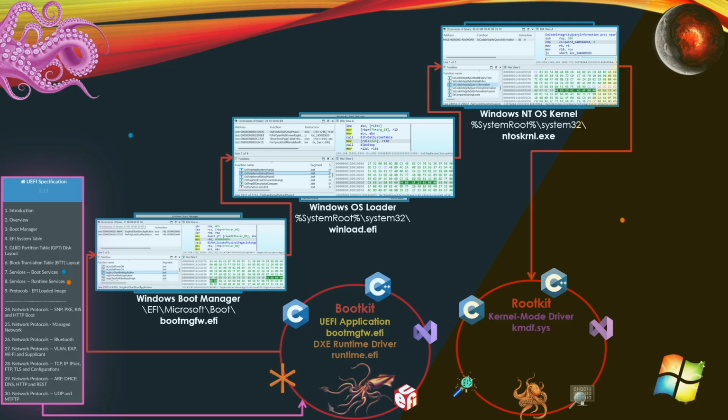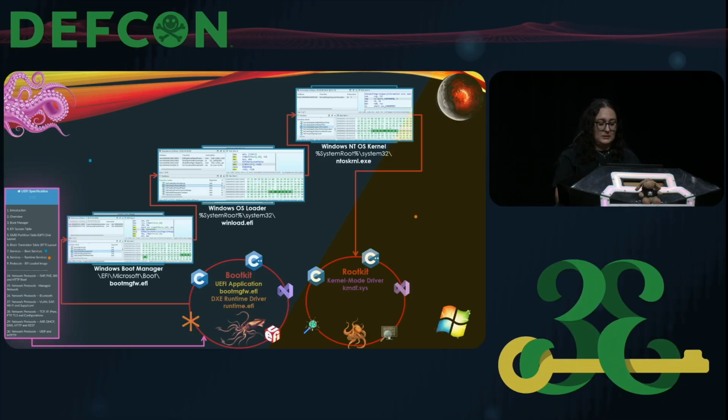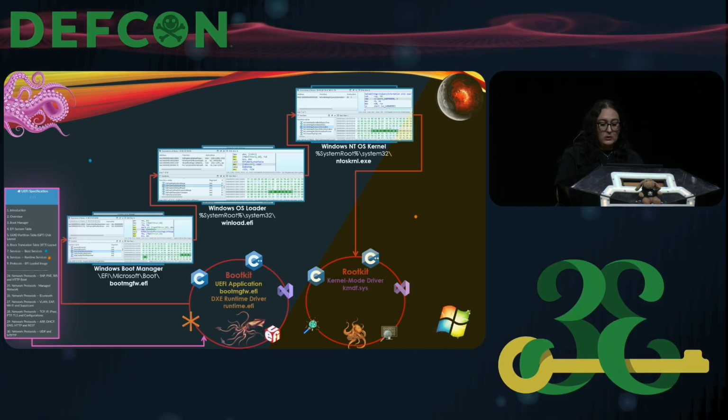One way to achieve this is by developing a DXE runtime driver, a special kind of UEFI driver that stays in memory after the boot and allows you to hook runtime services. In other words, it plants hooks that remain active while the system is running. This gives you an almost invisible backdoor, which allows you to execute arbitrary payloads and read or write anywhere in memory. So at this point, what is our bootkit in practice?